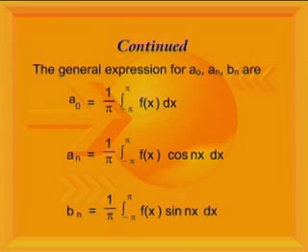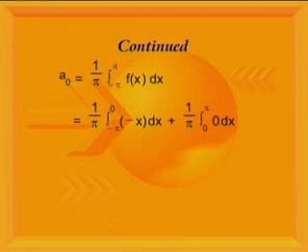And you know the formula for an and you know the formula for bn. So we start with a naught. In this case, our f(x) has two pieces. The very first piece, from -pi to 0, the definition of the function is f(x) = -x. And for the other piece, from 0 to pi, the value of the function is 0 in that interval.